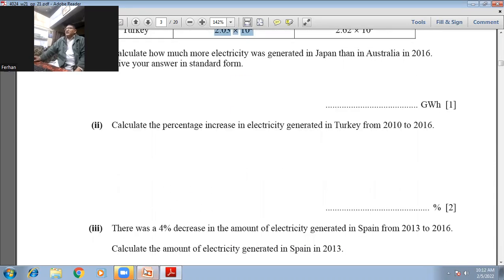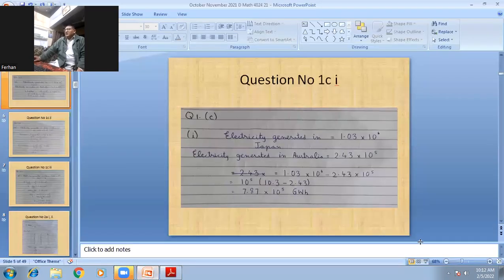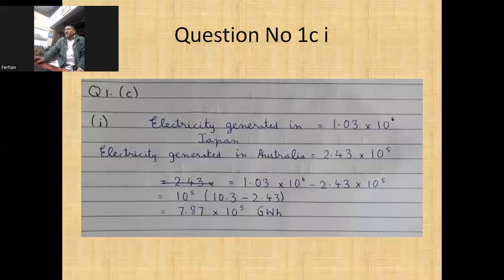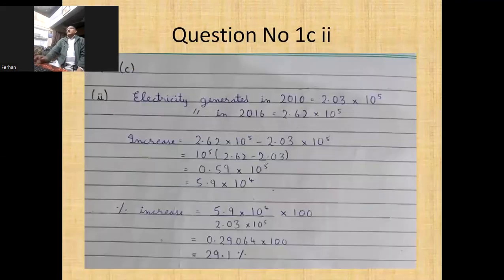This is a 2-mark question. Okay, so electricity generated in 2010 in Turkey is 2.03 x 10^5. Electricity generated in 2016 is 2.62 x 10^5. Increase is, just find the difference between them. 2.62 x 10^5 minus 2.03 x 10^5 equals 5.9 x 10^4.